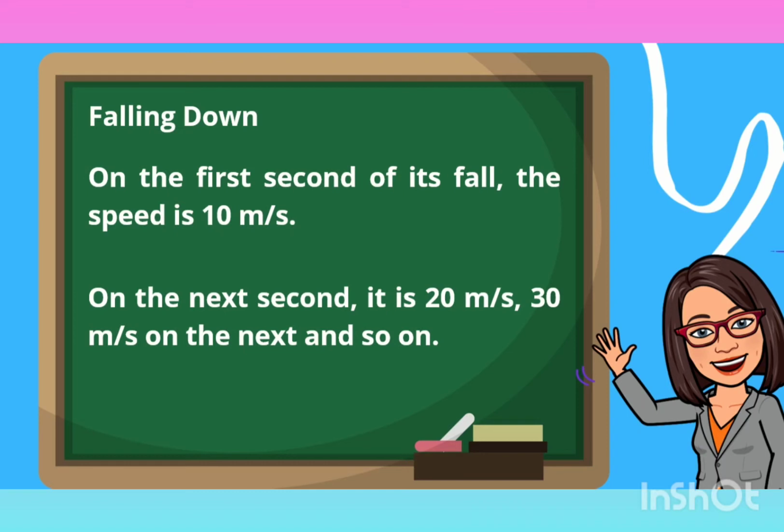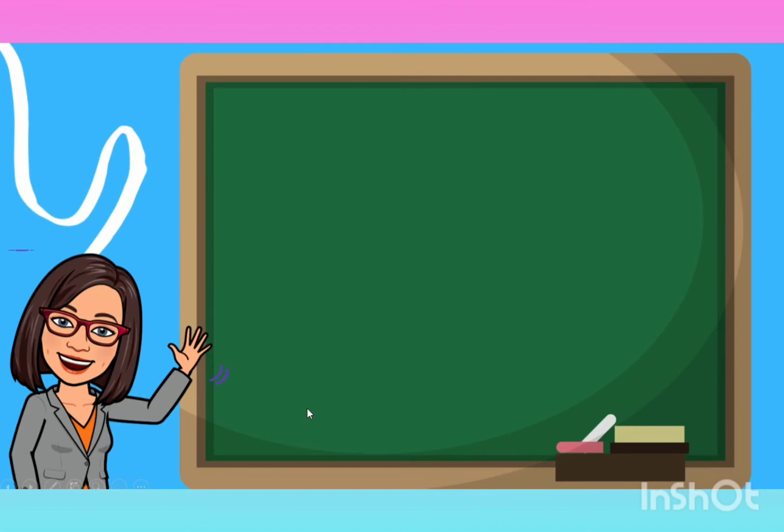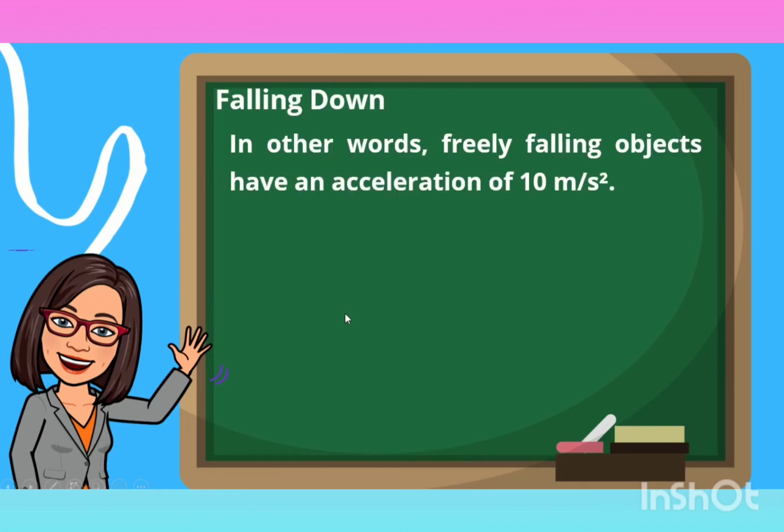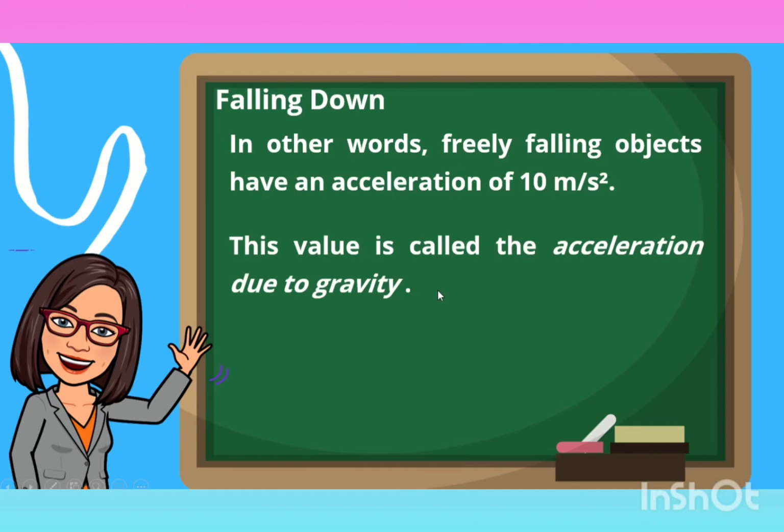On the third second of its fall, magiging 30 meter per second, and so on. Bakit kaya ganon? In other words, freely falling objects have an acceleration of 10 meter per second squared. That is the value of acceleration due to gravity.